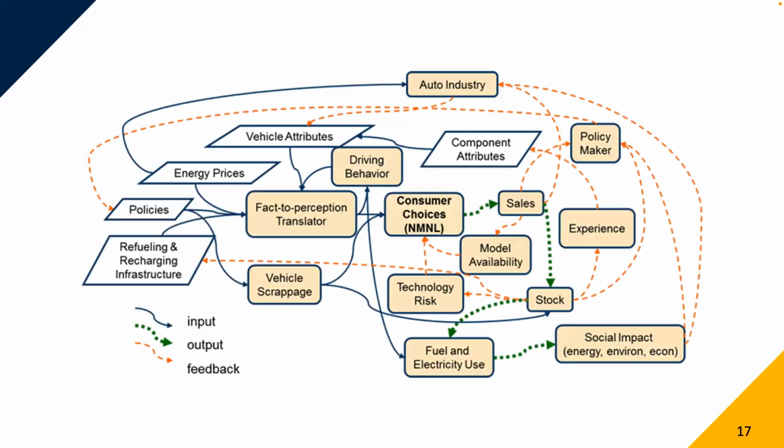Okay, so this is the network diagram for MA3T. There's a lot going on here, but we'll walk through all the important pieces. The main modeling portion is this part right here. So consumer choices. This is a discrete choice model.